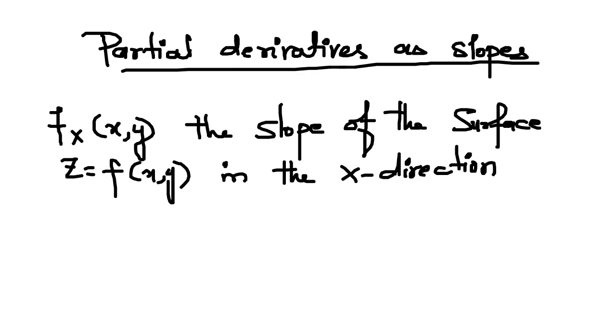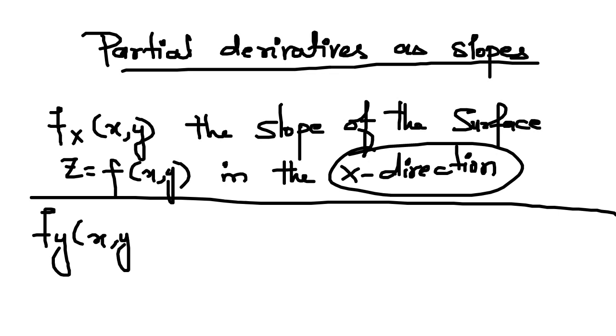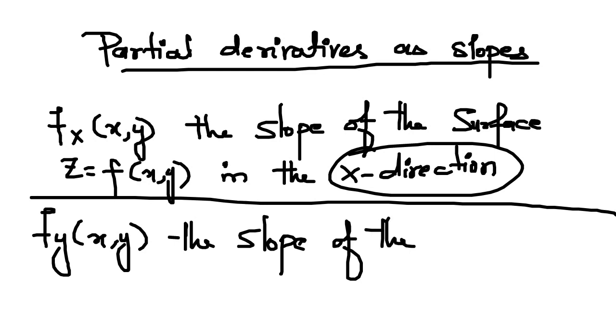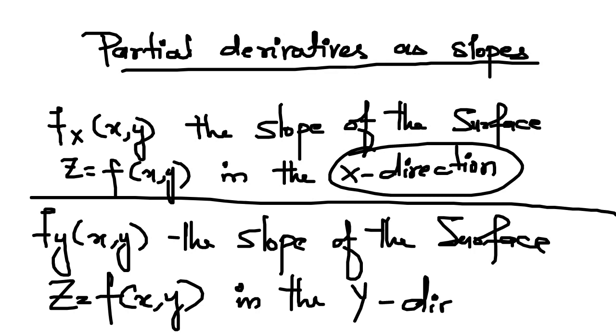Okay, the partial derivative with respect to x is the slope along the x direction. If you do the partial derivative with respect to y, that is the slope of the surface z is equal to f of xy in the y direction.